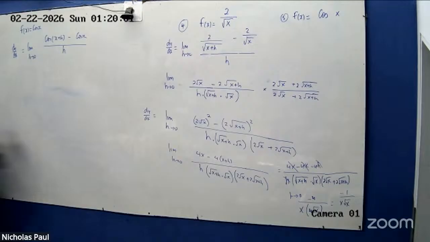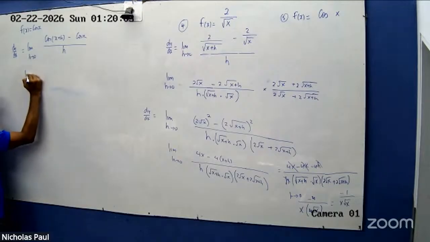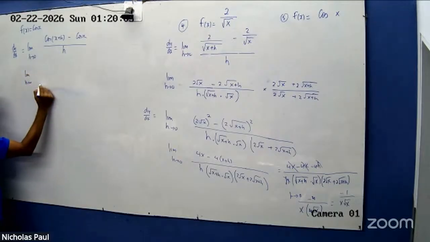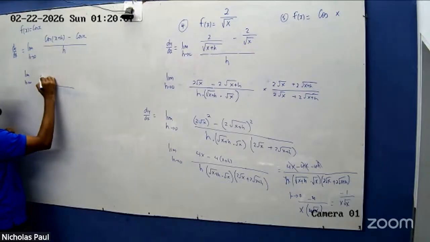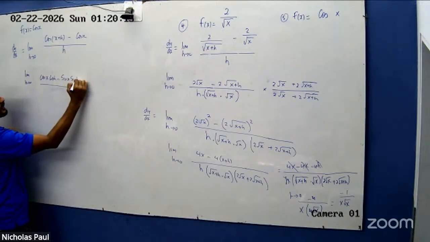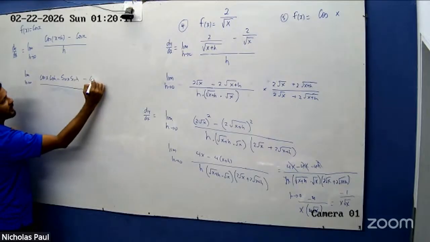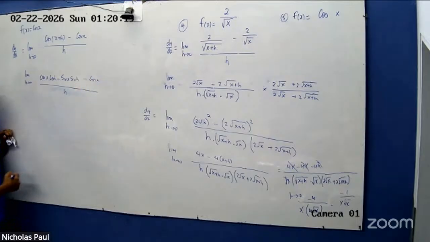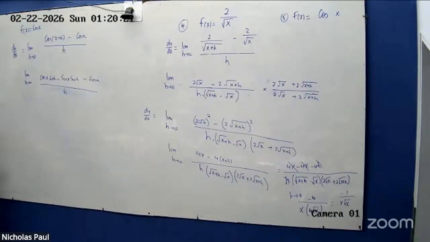Right? So we will end up with the limit as h approaches 0. We can expand this out. You'll get cos x cos h, plus minus, right? sin x sin h, minus cos x all over h. What do you do now?